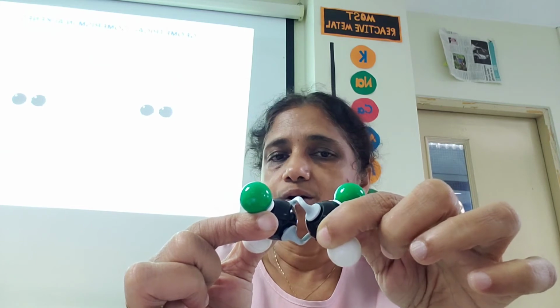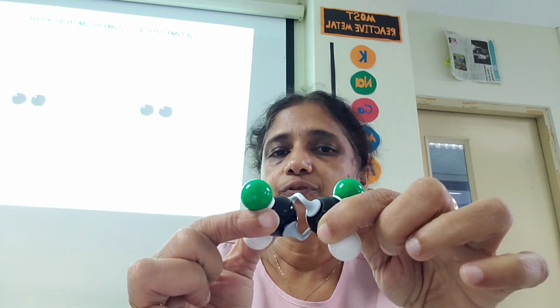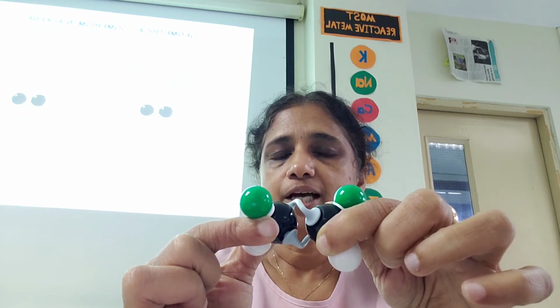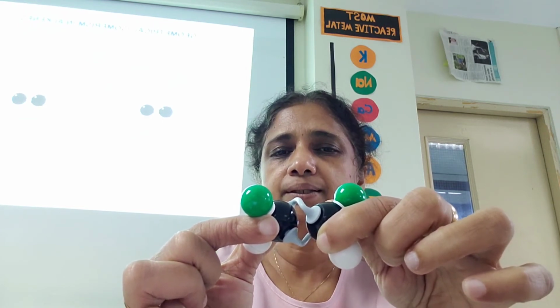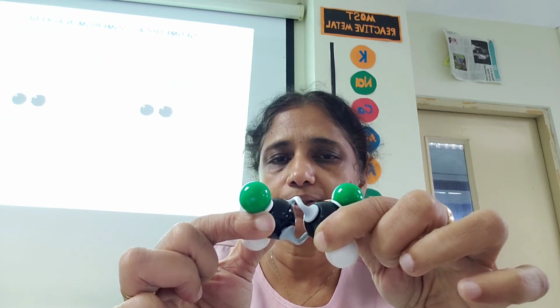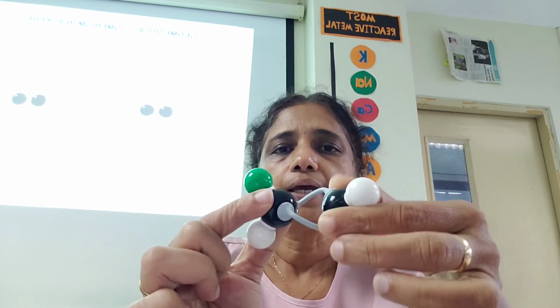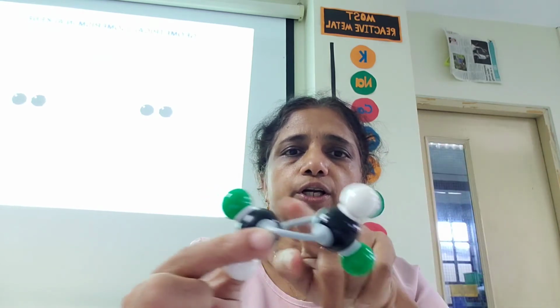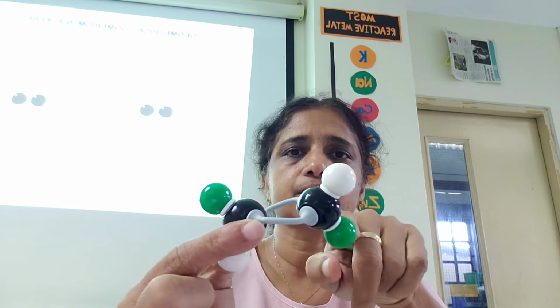Zusammen or Z, another word for it is Cis. That means that the same groups attached to the carbon lie on the same side of the carbon-carbon double bond.